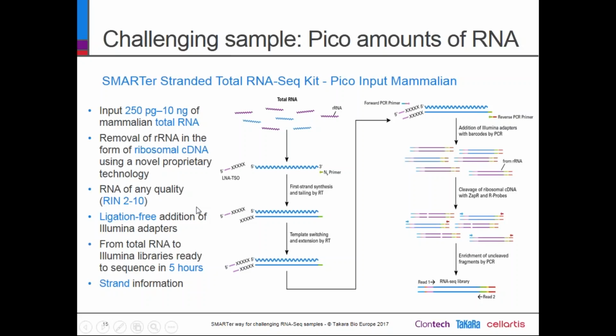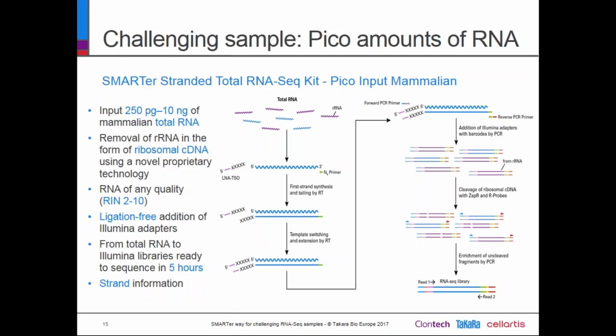This Pico kit is using random priming. It's compatible also with very degraded RNA. You can go as low as 2, and you will have all the advantages of the stranded technology. It means that it's very fast, and you will get a library ready to sequence.